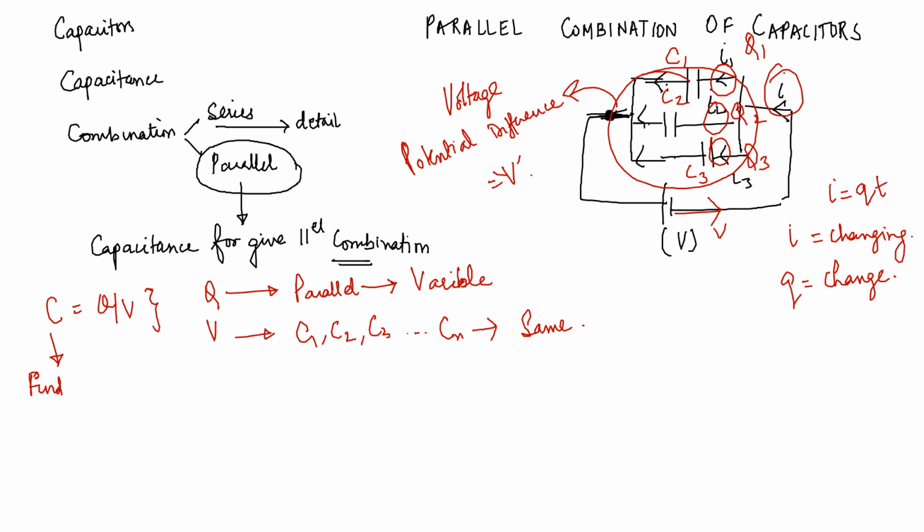So this is the basic idea, and now we will start our journey of understanding the parallel combination and deriving the formula for it. Here again the basic formula is C equals Q upon V, and because Q is changing, we will write the Q formula as Q equals CV.